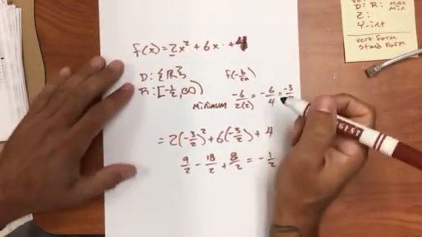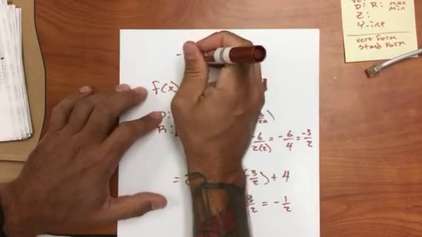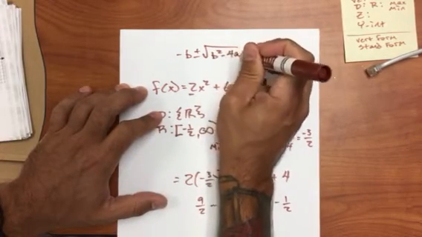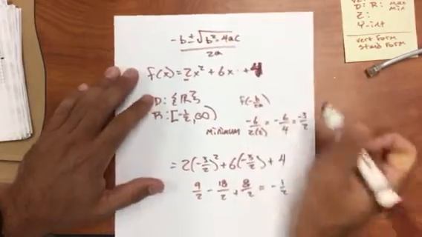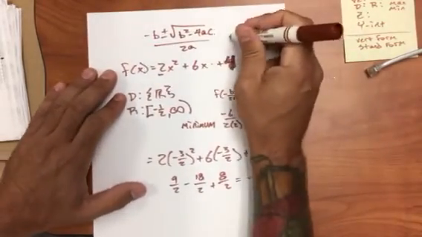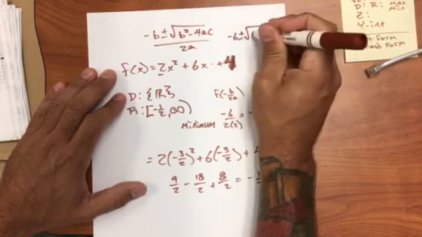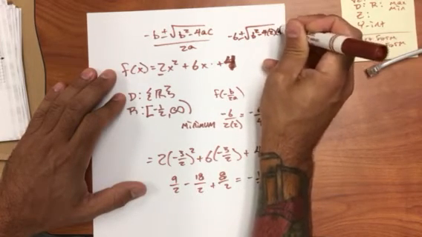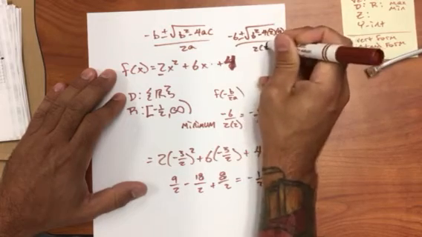The zeros, I'm going to use the quadratic formula, which is negative b plus or minus square root b squared minus 4ac over 2a. So negative 6 plus or minus square root 6 squared minus 4 times 2 times 4, over 2 times 2.